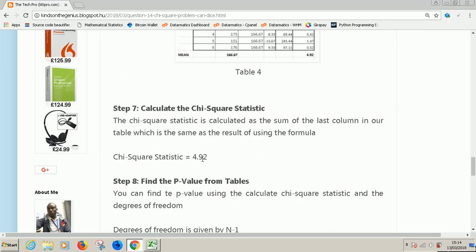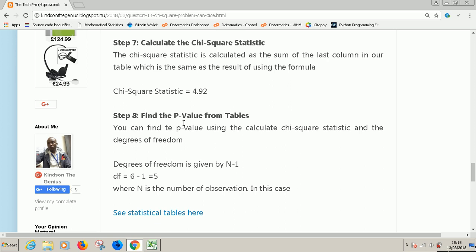Okay, so step 8, find the p-value from statistical tables. You can find this from the chi-square statistic using the tables. The degree of freedom you need to know is the number of observations minus 1.